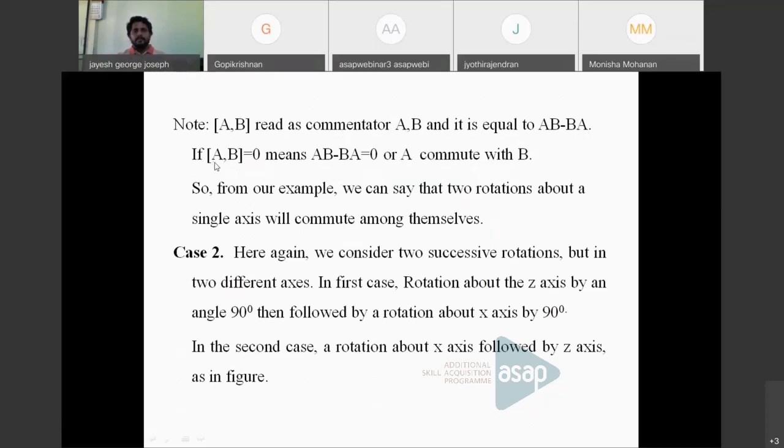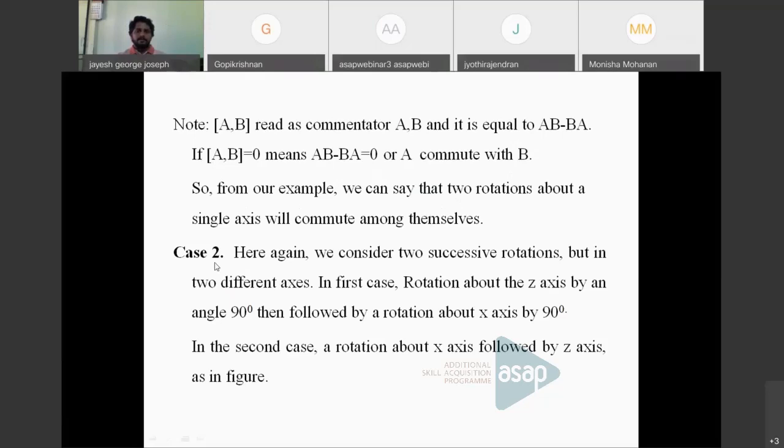If the commutator A comma B is equal to 0, means AB minus BA is equal to 0, or A commutes with B. So from our example, we can just say that two rotations about a single axis will commute among themselves.